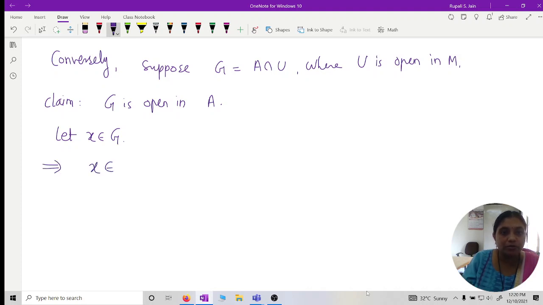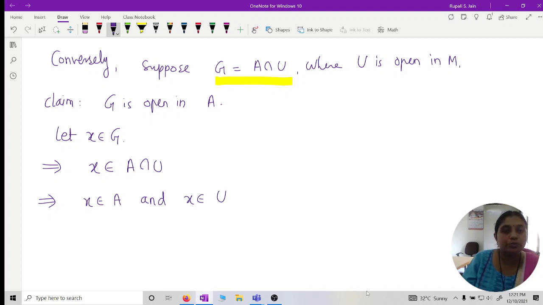X belongs to A intersection U, because G is nothing but A intersection U. So if X belongs to G, X belongs to A intersection U. Is that right? Yes. So this implies X belongs to A and X belongs to U.